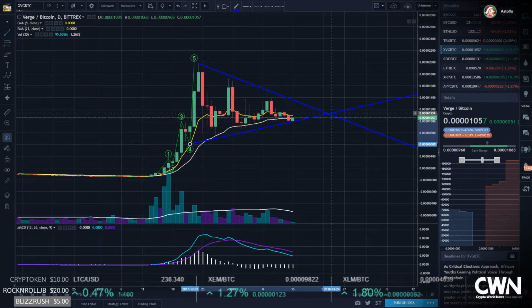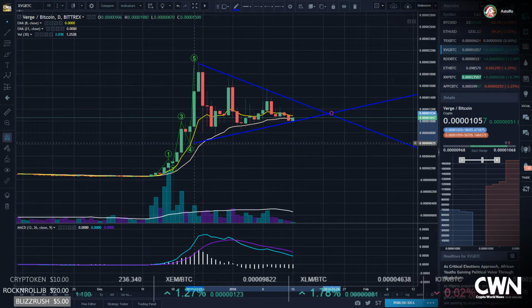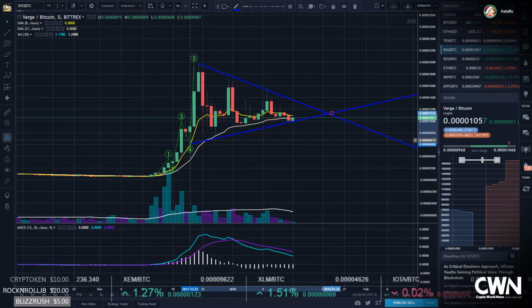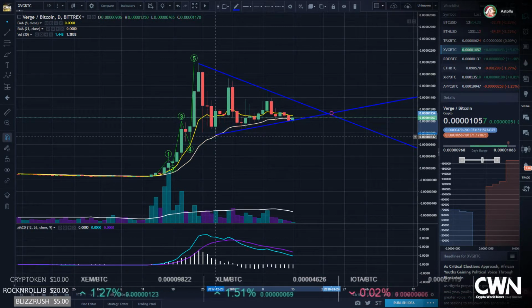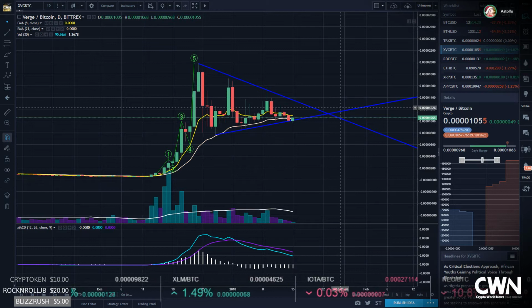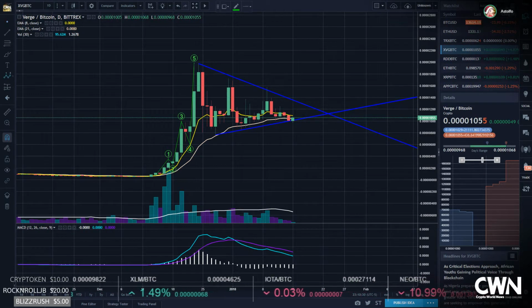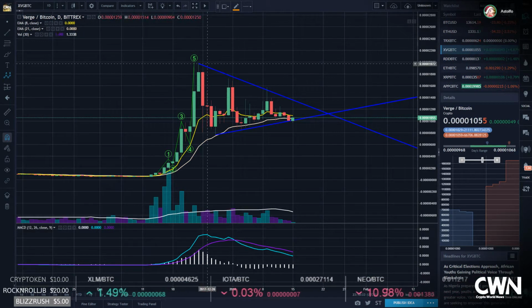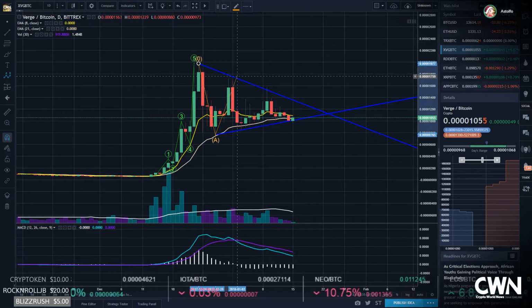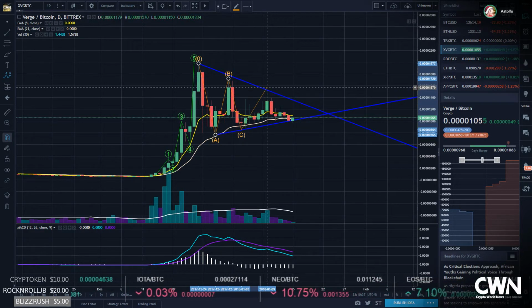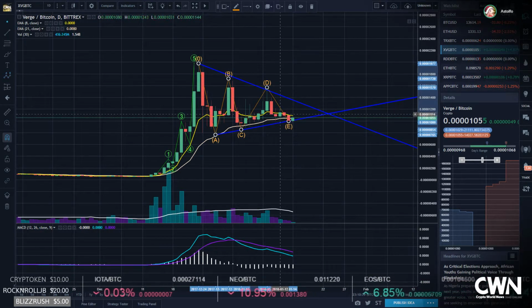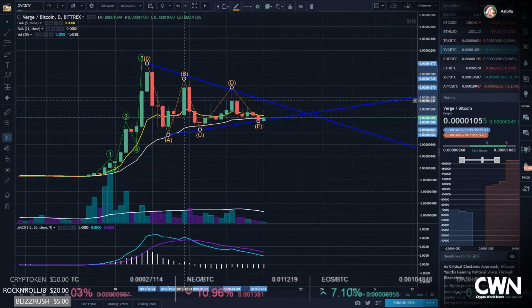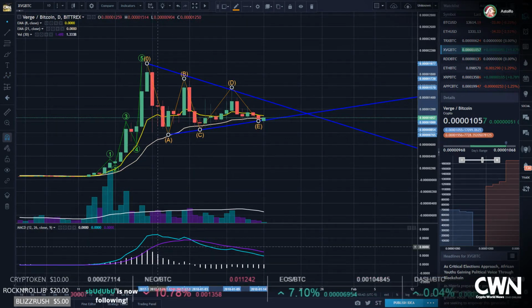We've got our upward sloping lower trend line here. We got our A, B, C, D. Hopefully E bottoms around here. This looks pretty good for an A, B, C, D, E triangle.